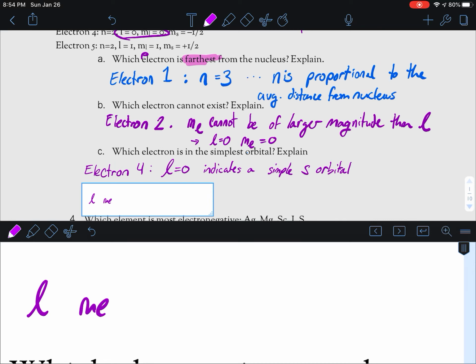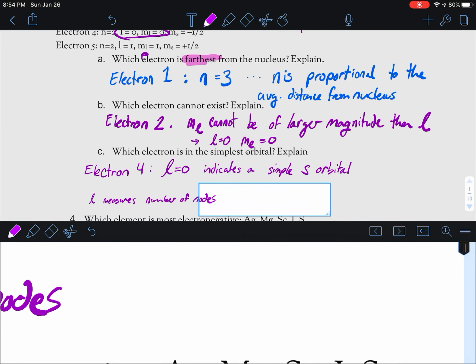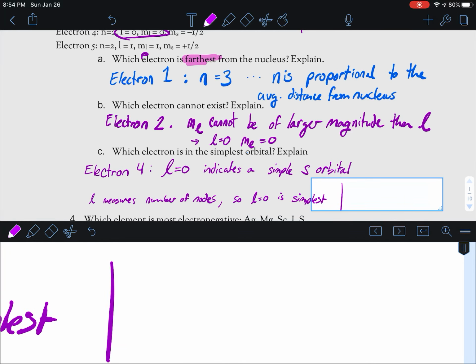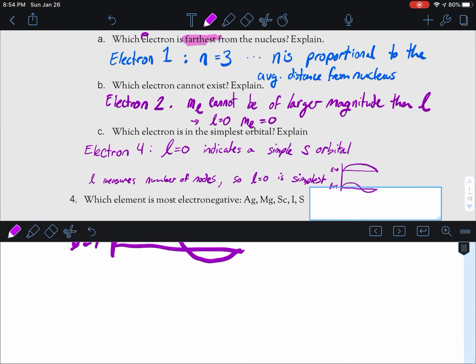L measures number of nodes. So L equals 0 is simplest. So if we were thinking about our wave dynamics, L equals 0 is a simple standing wave. So think about a skipping rope, spinning a skipping rope, and then L equals 1 is more like a sine wave. And L equals 2.